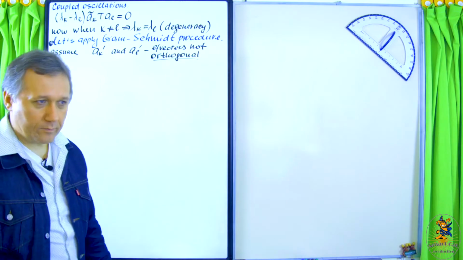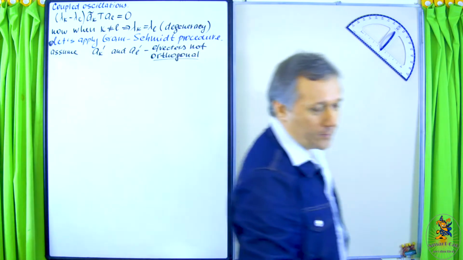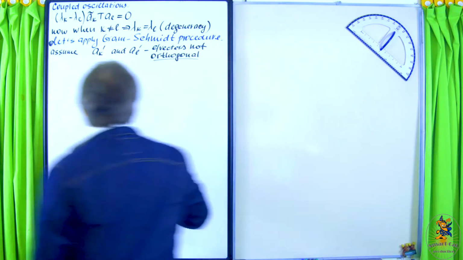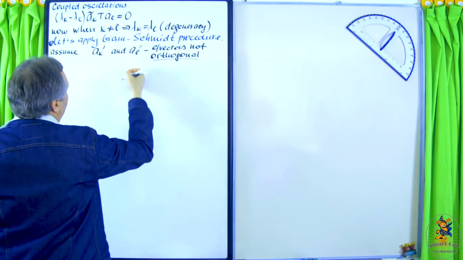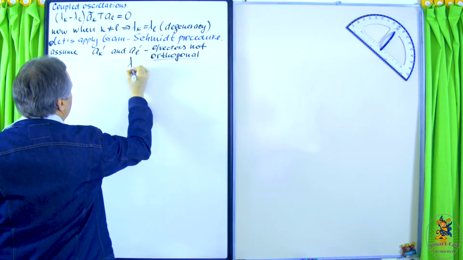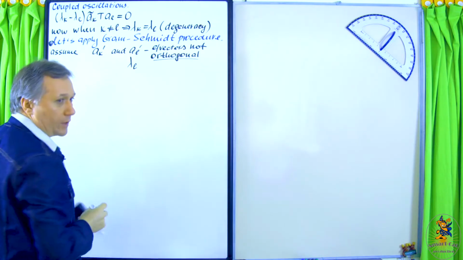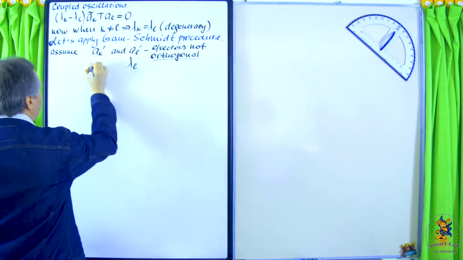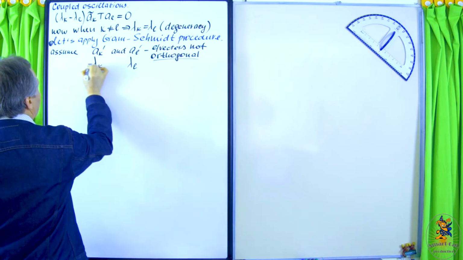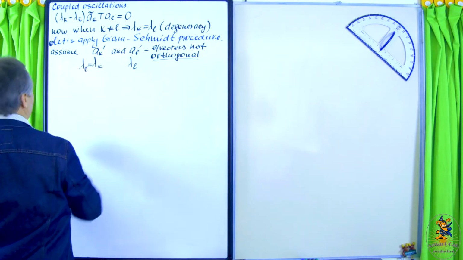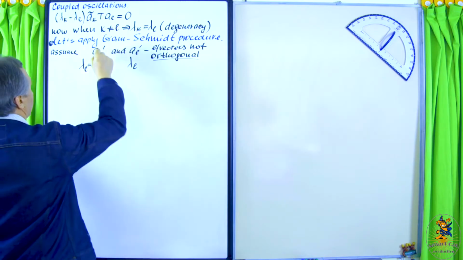Of course, the corresponding eigenvalues are lambda K, which is equal to lambda L: degeneracy.